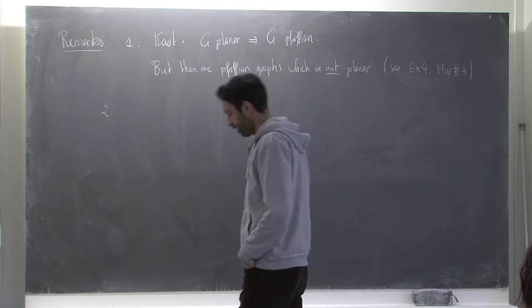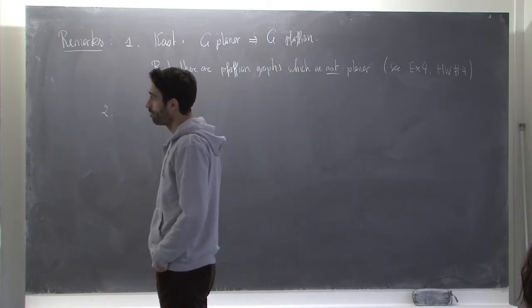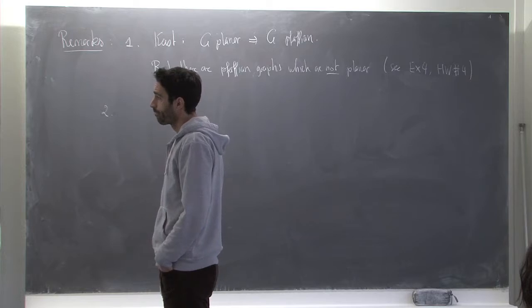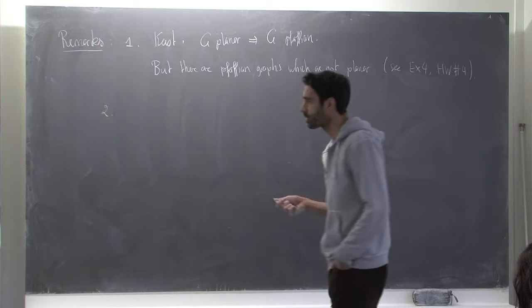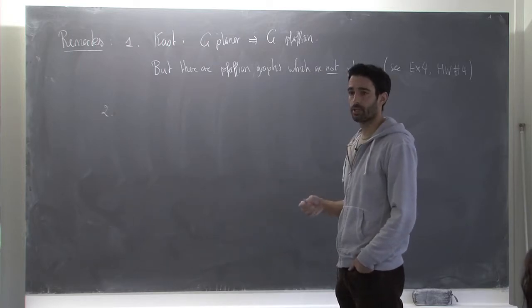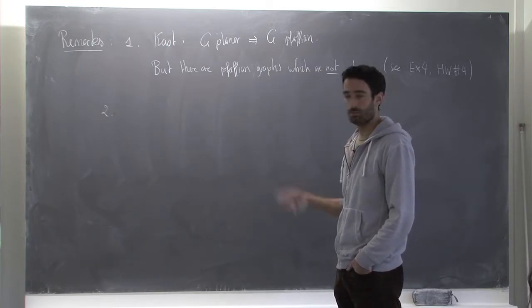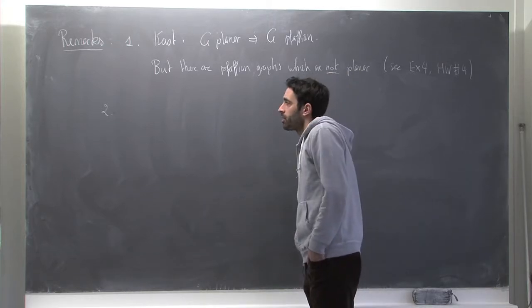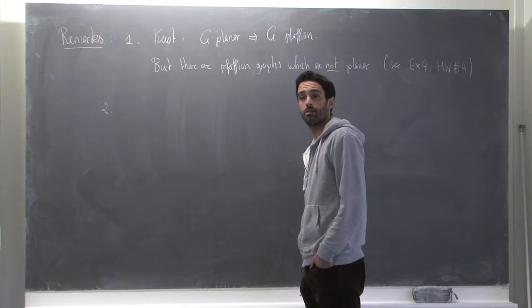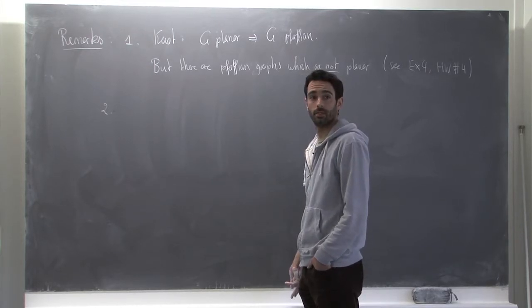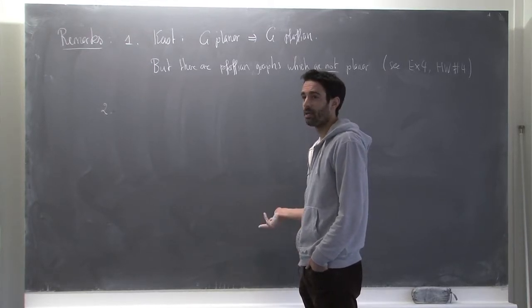The second remark: now what we're able to do is count perfect matchings on planar graphs. This we can do in an efficient way. So we could ask, okay, now let's try to count all matchings on a planar graph. And this is a Sharp-P complete problem.